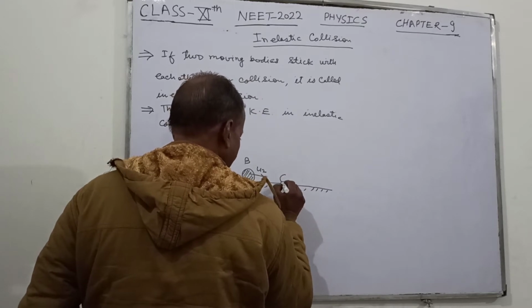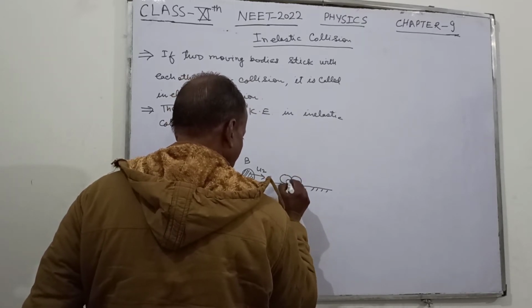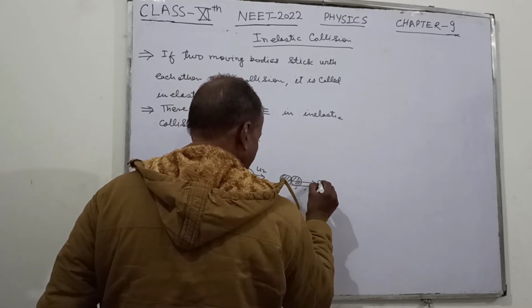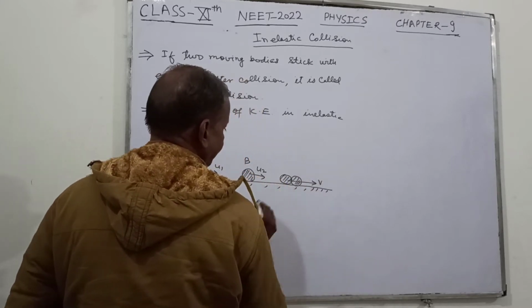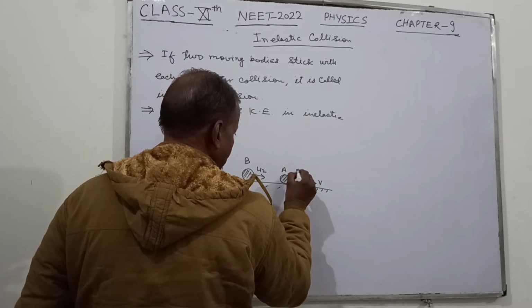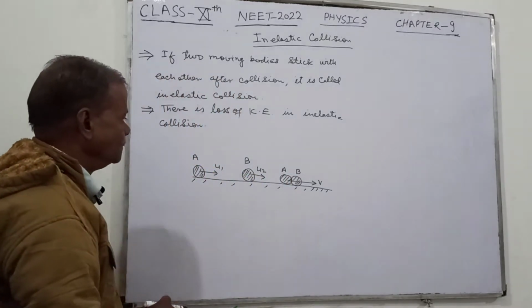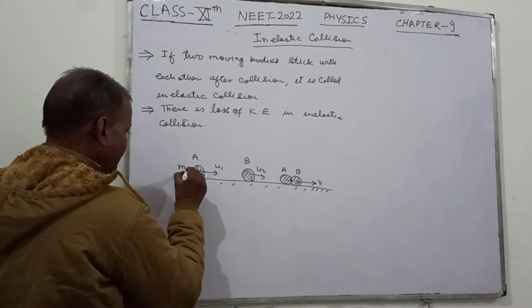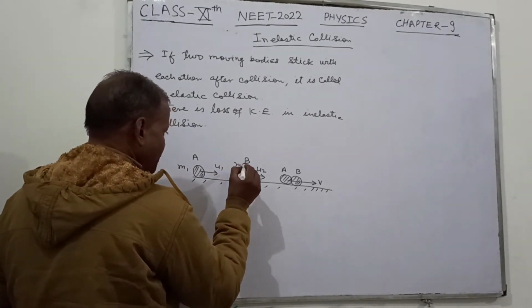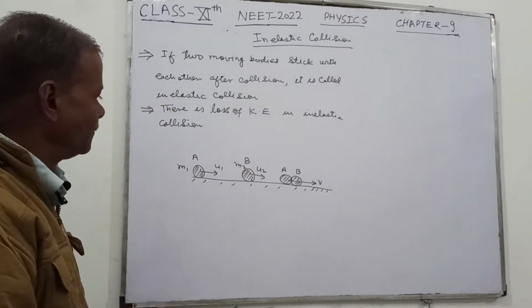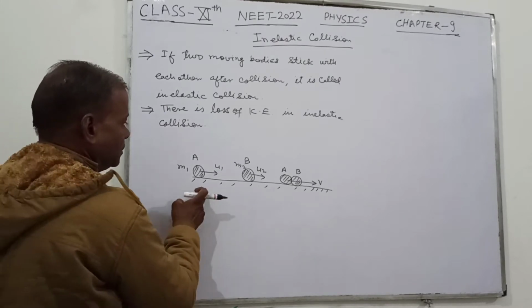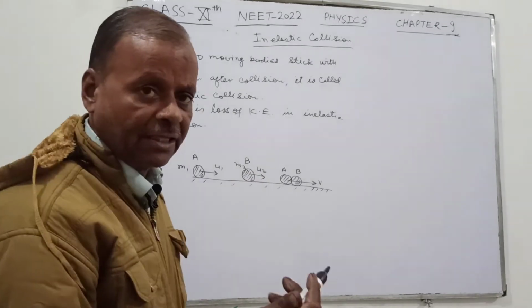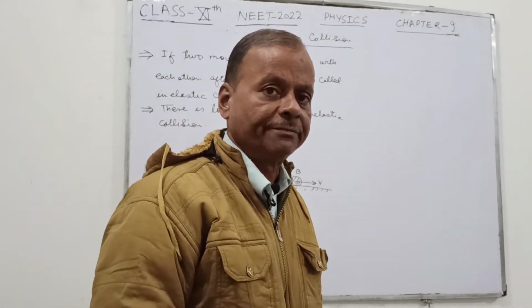After collision, both the bodies combine and they move with the velocity V. The mass of body A is m1 and the mass of body B is m2. If we take this u2 equal to 0, then there will be one more special case.